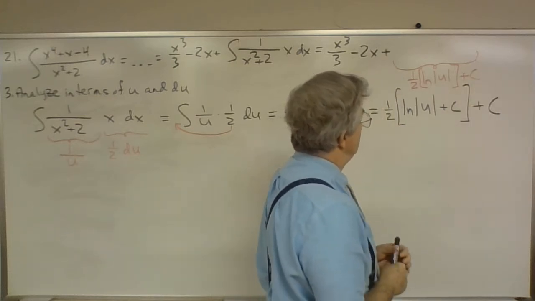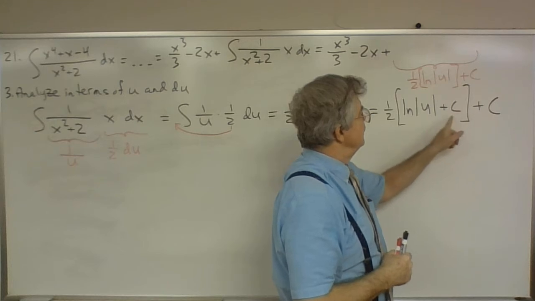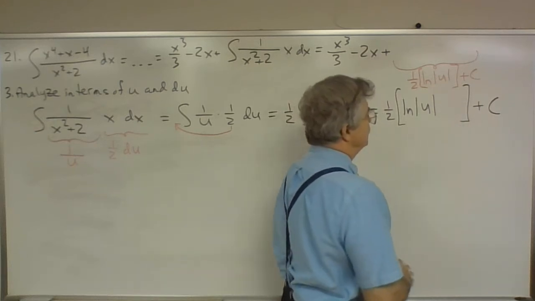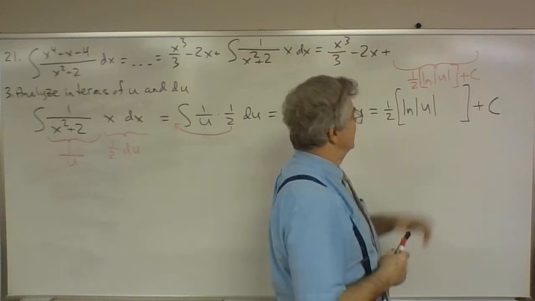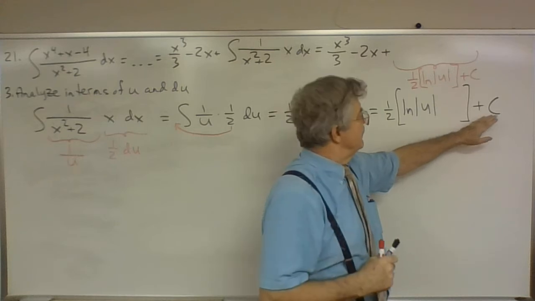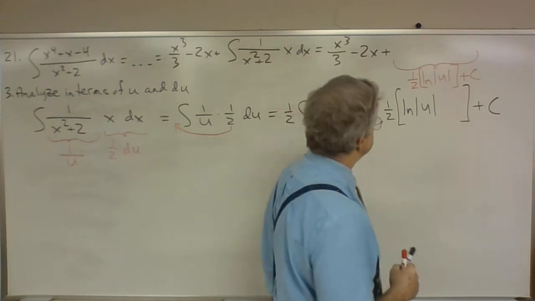And if you're wondering why I had 2 plus c's here, I have absolutely no idea. I was writing and I wasn't thinking. No plus c here. When we do an integral, we only need one. So here it is.